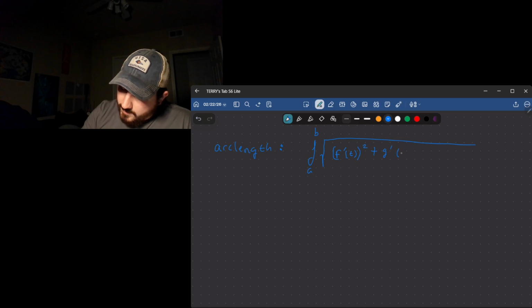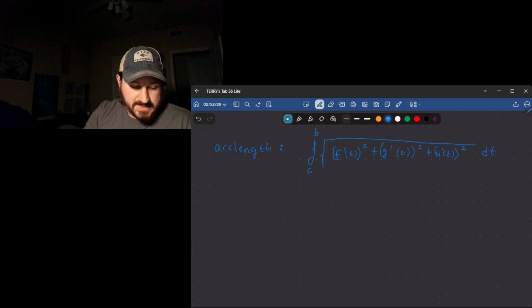So g prime of t squared, f prime of t squared, and h prime of t squared. Okay, and all of that's of course going to be integral with respect to dt. So this is one of the forms.